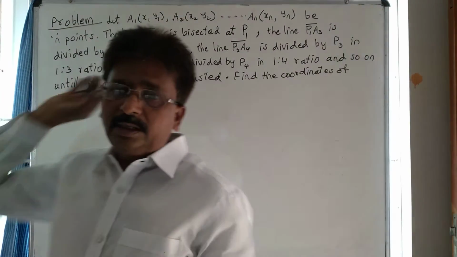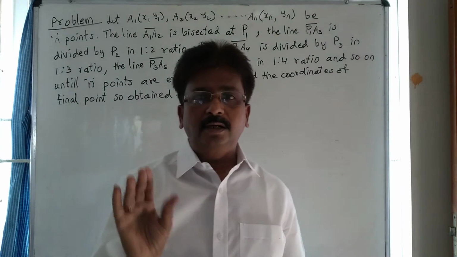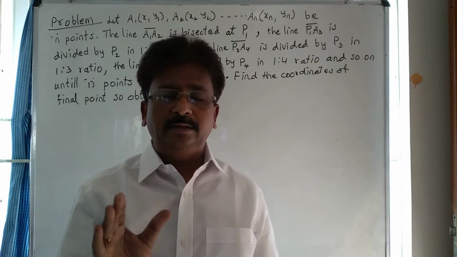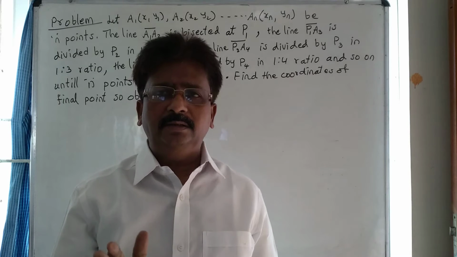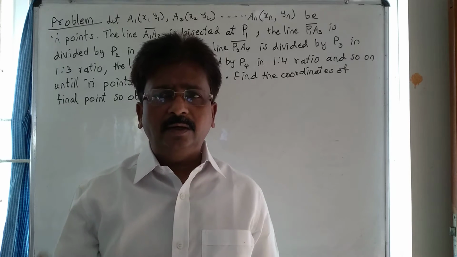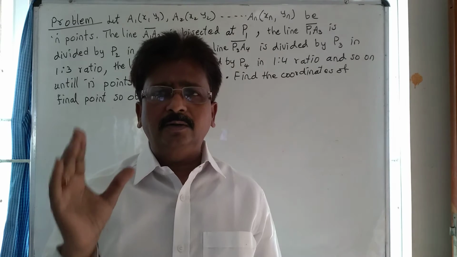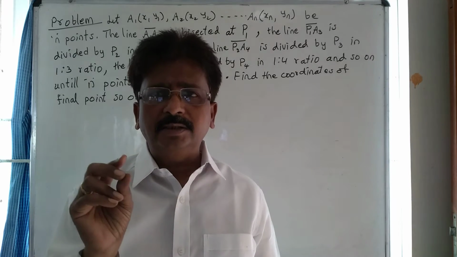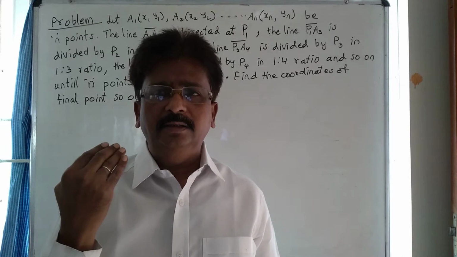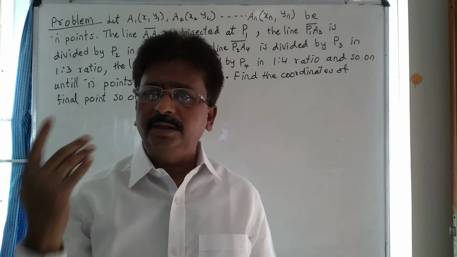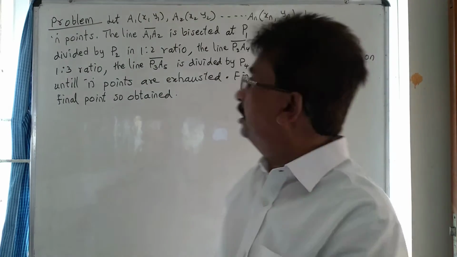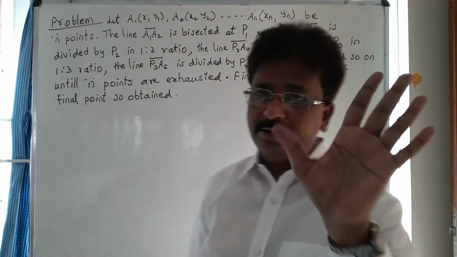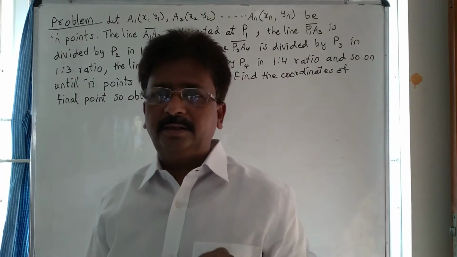Read the question carefully and understand what is given. First understand the matter of the question, and next think how to solve it and which formulas are applicable here, logically. Now read the question. A1, A2, A3 and so on, n points are there.